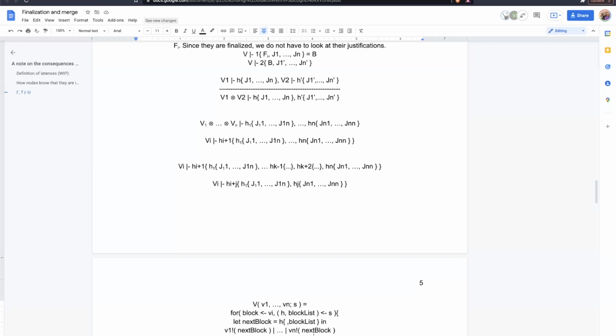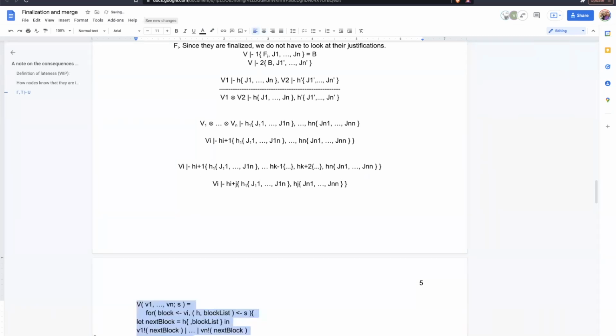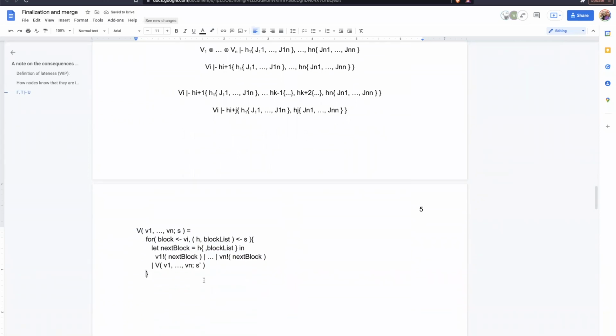Sure, you could do that, but the details of this are not particularly important. Let me do this, and then that closes the for. Okay, so that's roughly the shape of each VI.